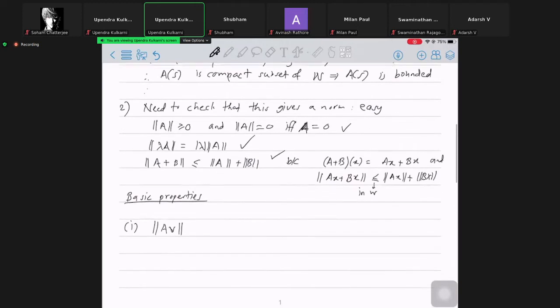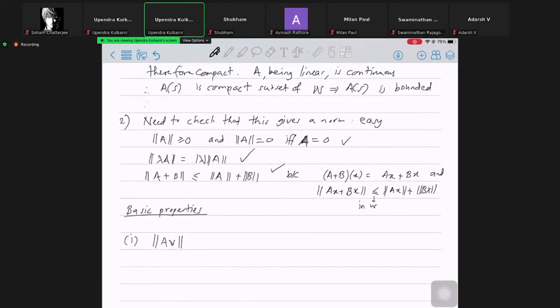Okay, so basic properties. So this is what I have. And the way to do this is fairly easy. So what is the map Av?